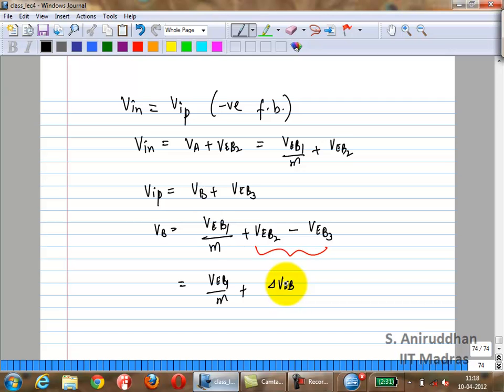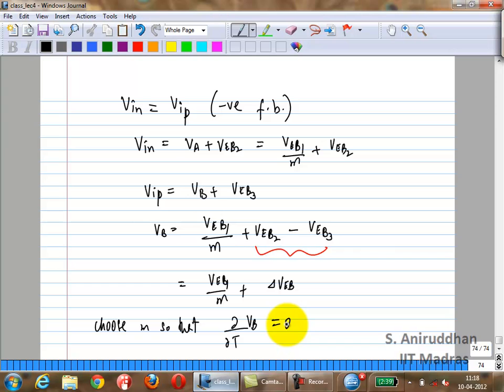Okay. Now you can choose M and Ks and everything such that this becomes temperature insensitive. Correct? I'll just write this.